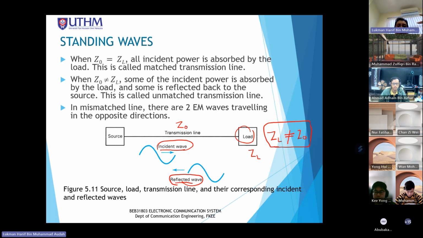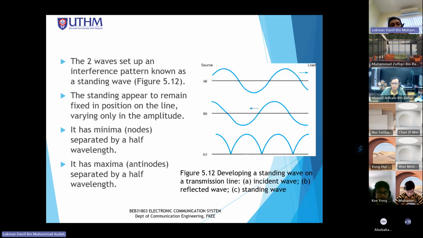Okay, so standing wave is actually the sum of incident and reflected wave. The summation of incident and reflected wave will be equal to the standing wave, which is this one.